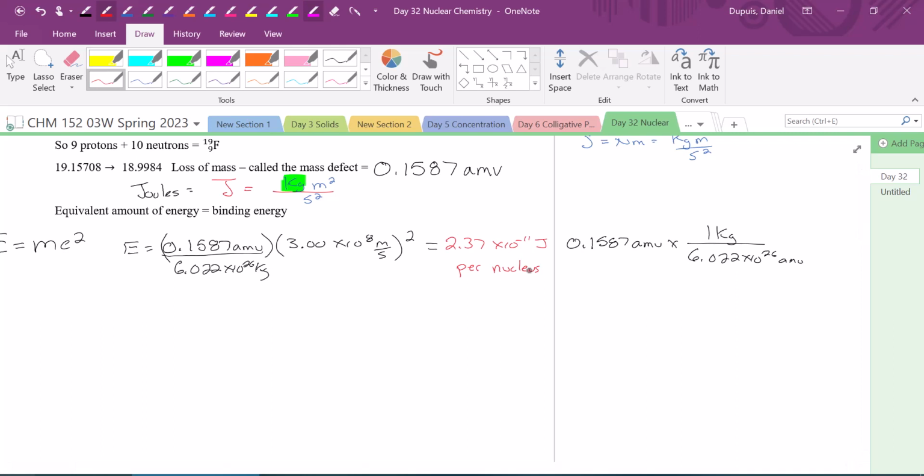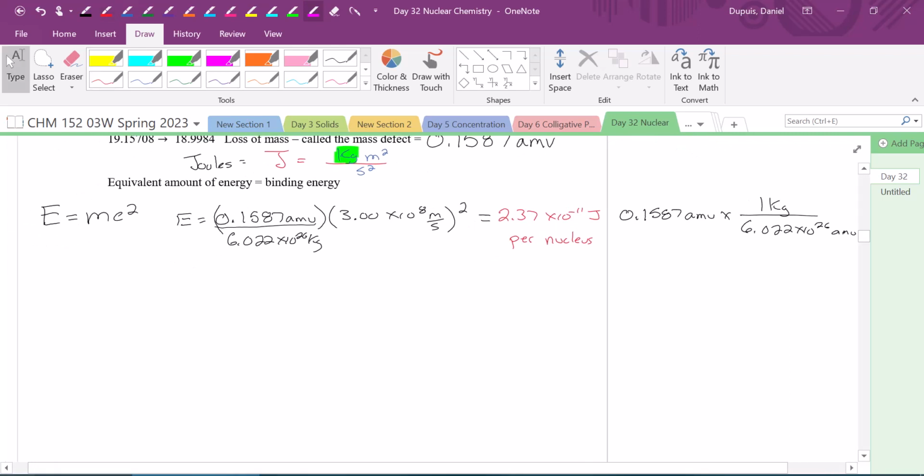It doesn't sound like a huge amount of energy, but again, think how small this thing is. Now, if we want to talk about this per mole, we can do it per mole as well. So if I go to E equals mc squared, same thing. Instead of using 0.1587 AMU, I'm going to use 0.1587 grams.